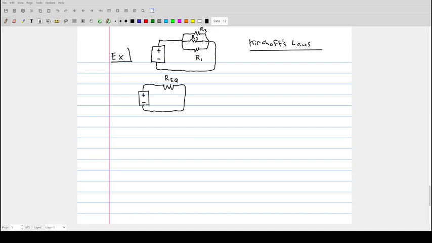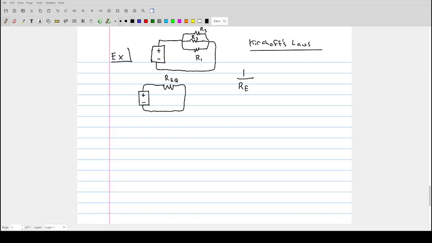Now, for resistors in series, or one after another, the equivalent resistance is just the addition of each resistance. But for resistors that are in parallel, the equivalent resistance actually obeys what's called an inverse law.